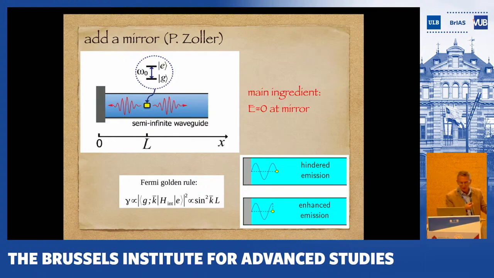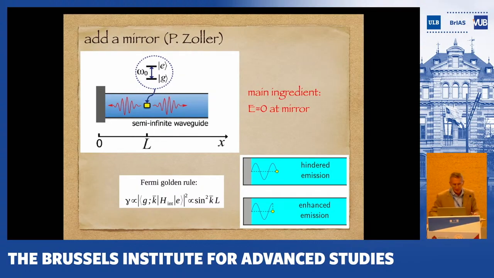It is hindered in this case, and enhanced in this case. It is hindered if the photon that is emitted resonates with the mirror. Of course, I use a semi-classical language because there is no photon being emitted. It's just the amplitude for the photon being emitted, reflected by the mirror, and going back to the position of the atom.